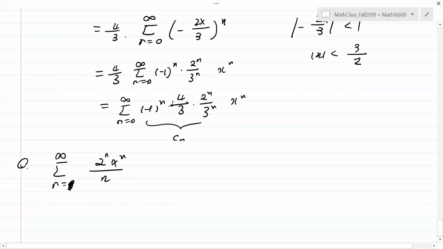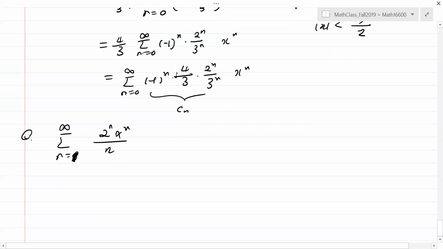I told you that the functions represented by power series are so many, like they occupy the whole universe, but the elementary functions are a very small group. First of all, let's look at the radius of convergence.